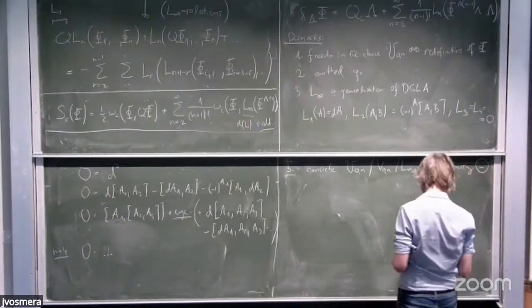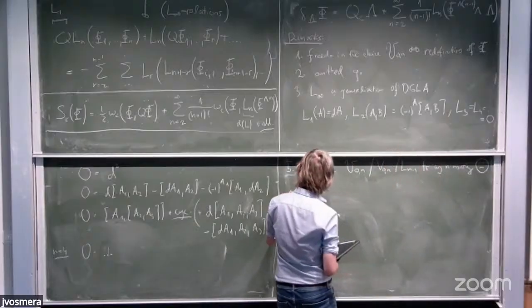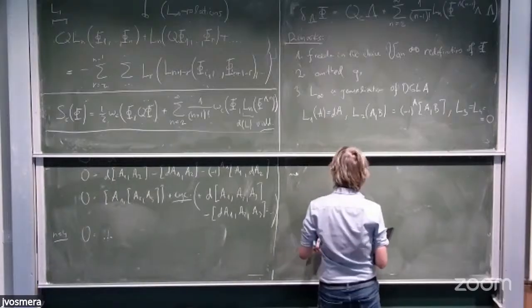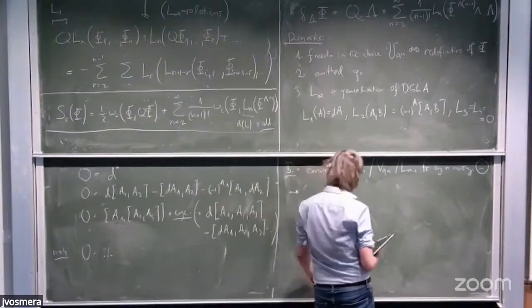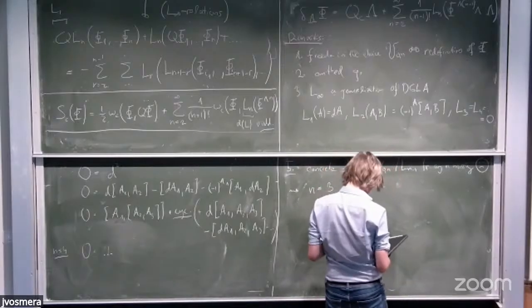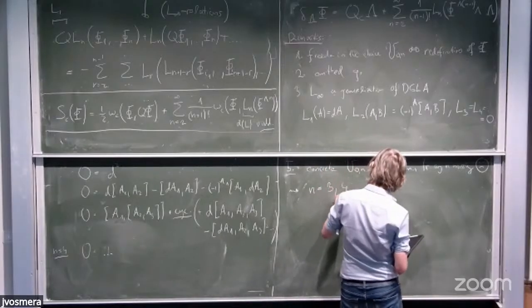What we do have at our disposal are some concrete results only at lower orders. So we have examples for n equal to 3, n equal to 4.